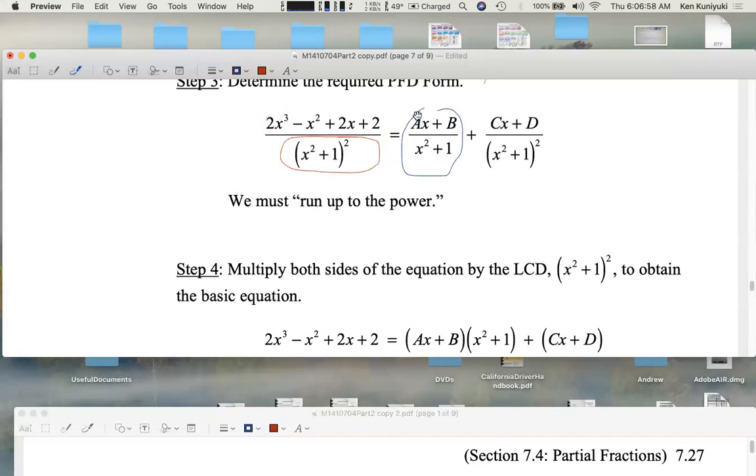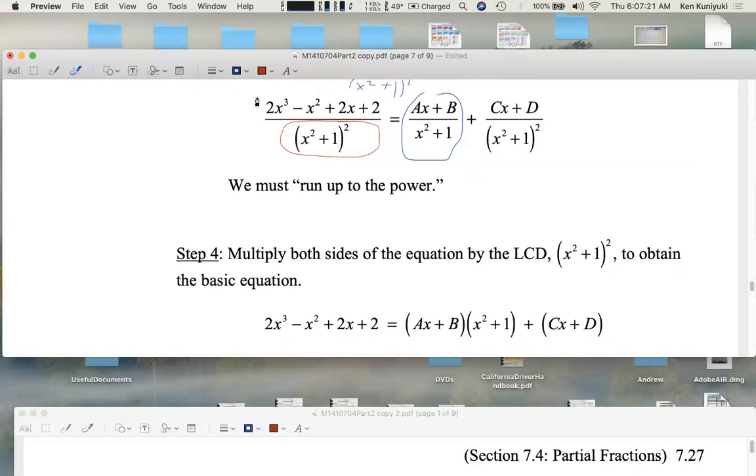So we're multiplying this fraction by 2 copies of x squared plus 1. When we do that, one of these cancels out with one of these, but one of these factors still remains. So we have an x squared plus 1 factor still remaining up there. And we multiply that factor by the ax plus b.